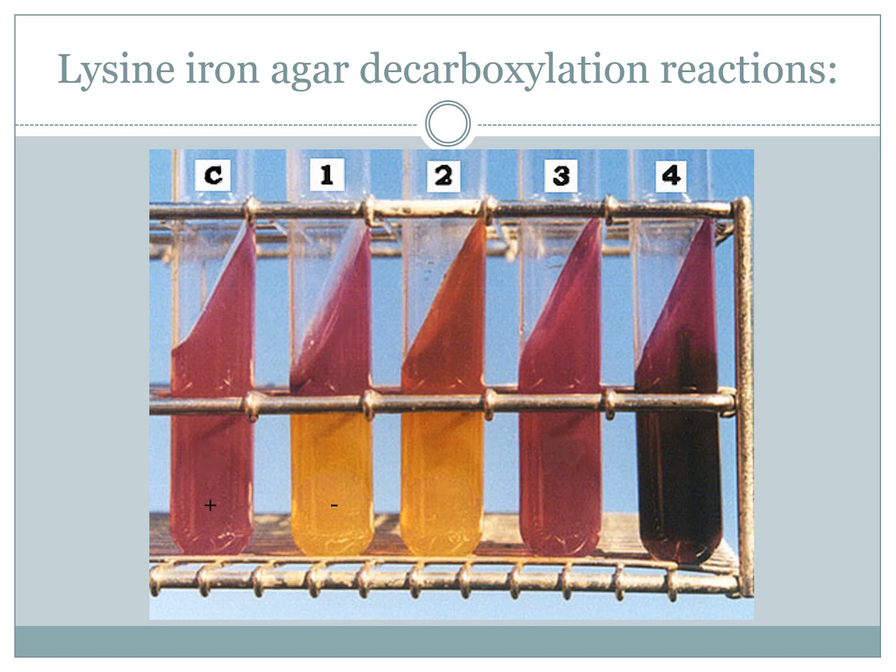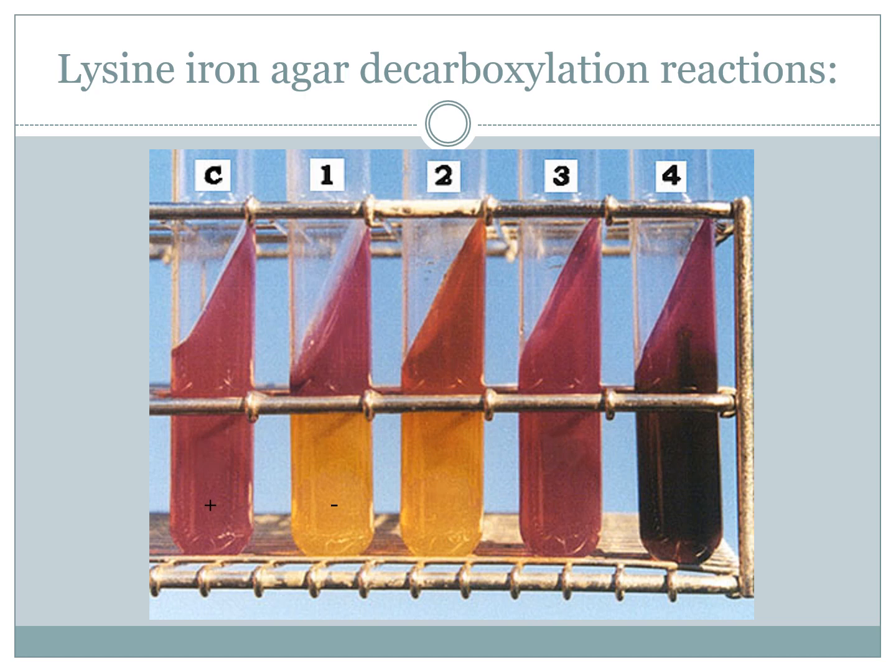So here's some images of lysine iron agar, and you can see the first one labeled C on the left is actually an uninoculated media, okay, where it's purple over purple. Decarboxylation happens in the butt of the slant. So if it's purple at the bottom, that is a positive test. If it is negative, that's going to be yellow, which is a negative test, okay?